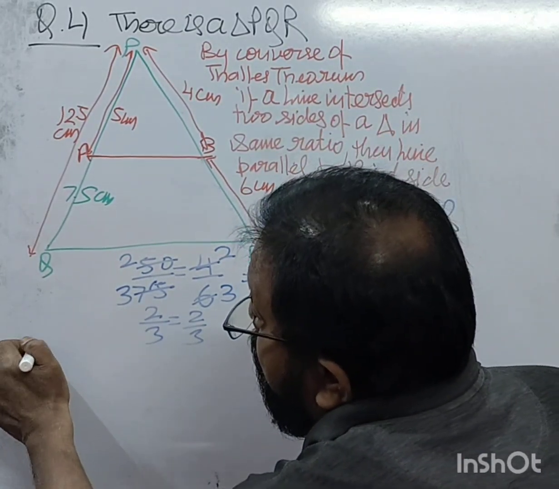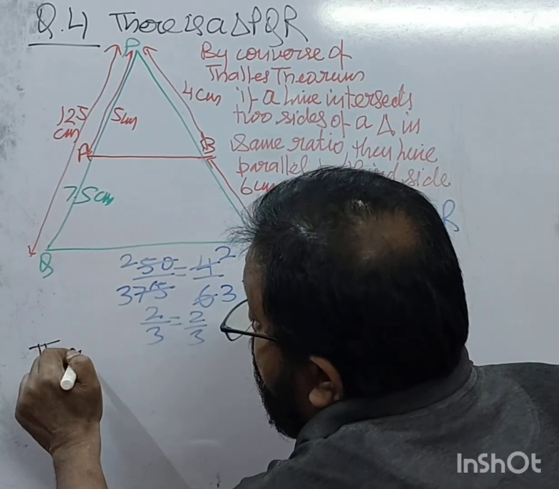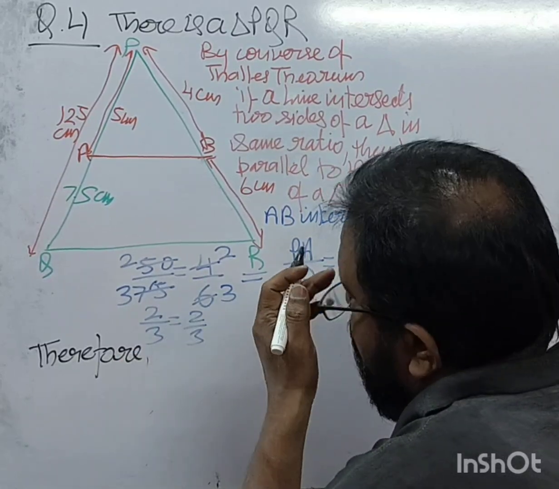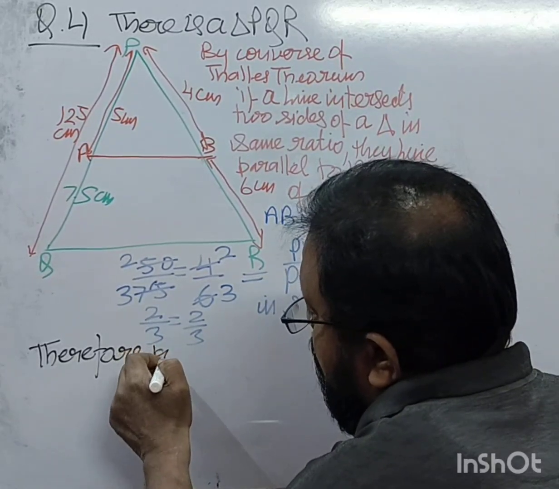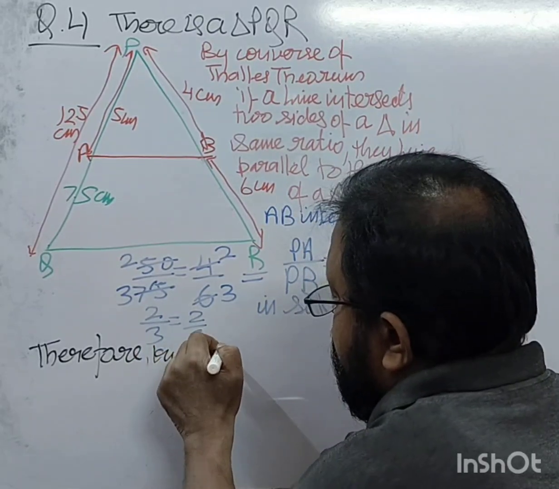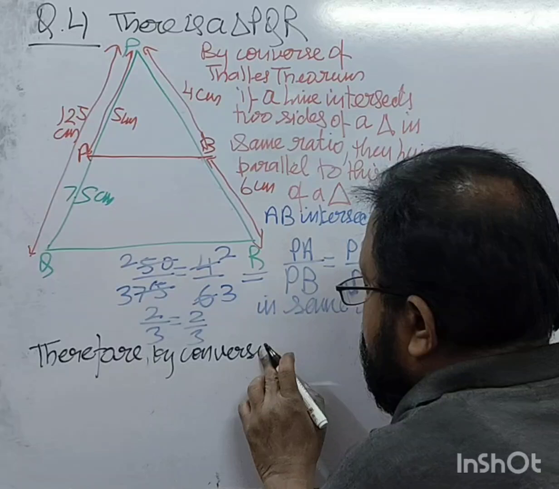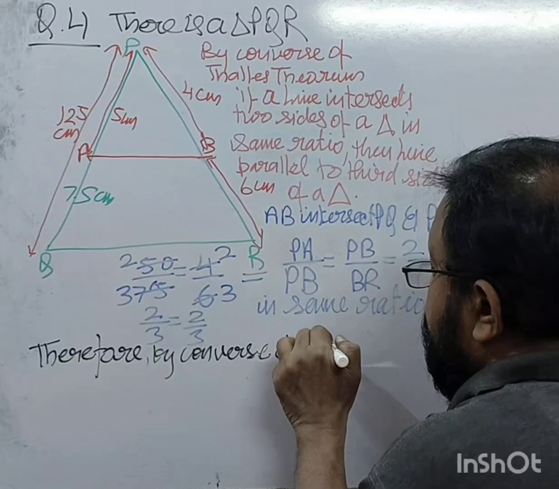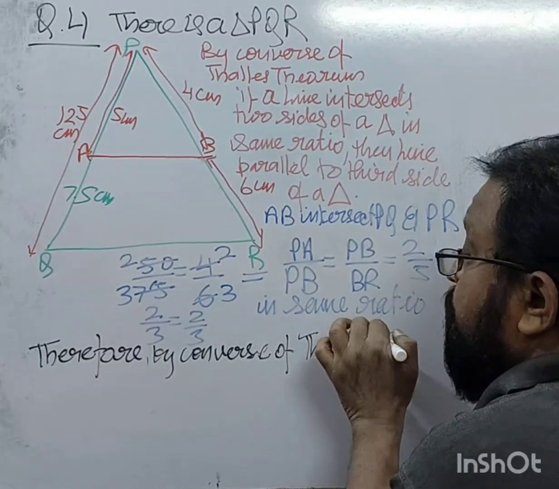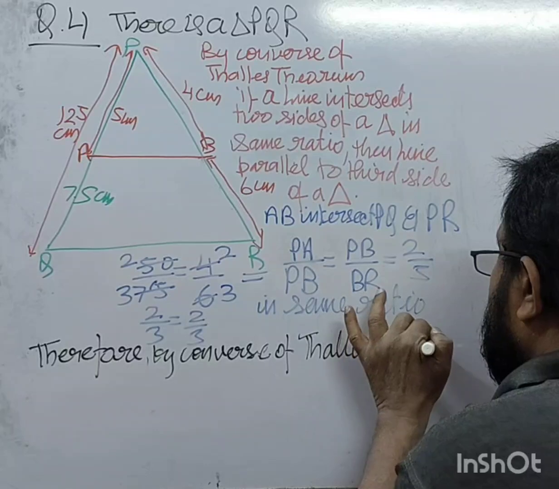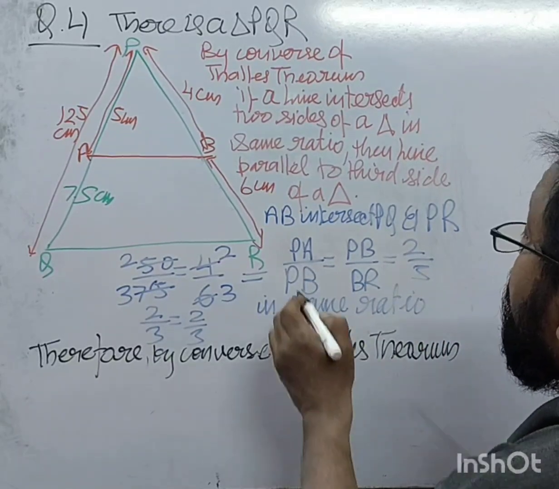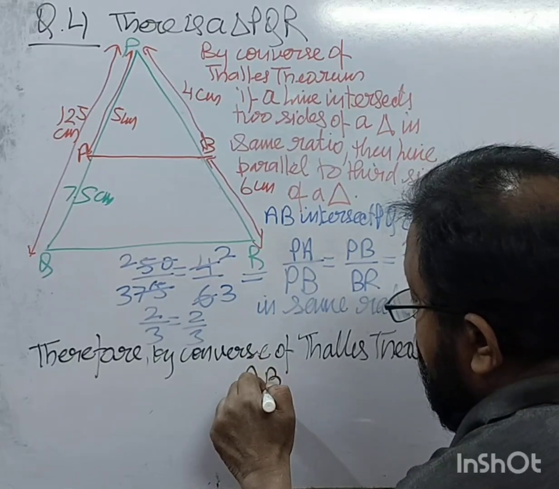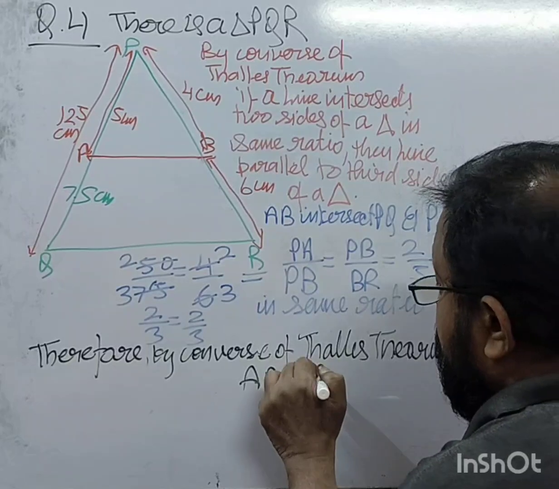Therefore, by the converse of Thales theorem, AB is parallel to QR.